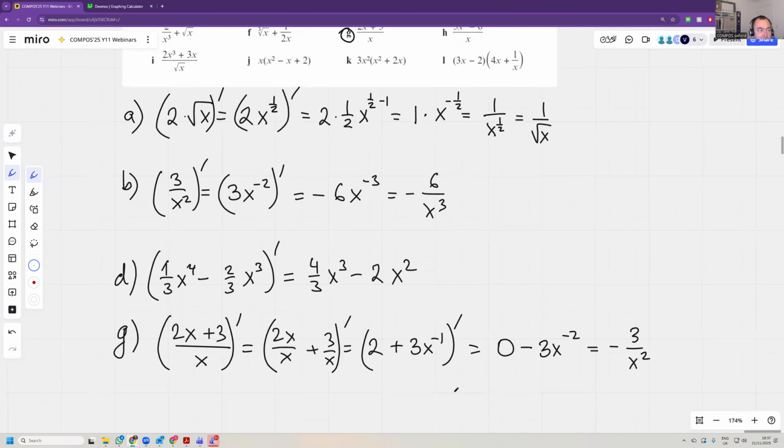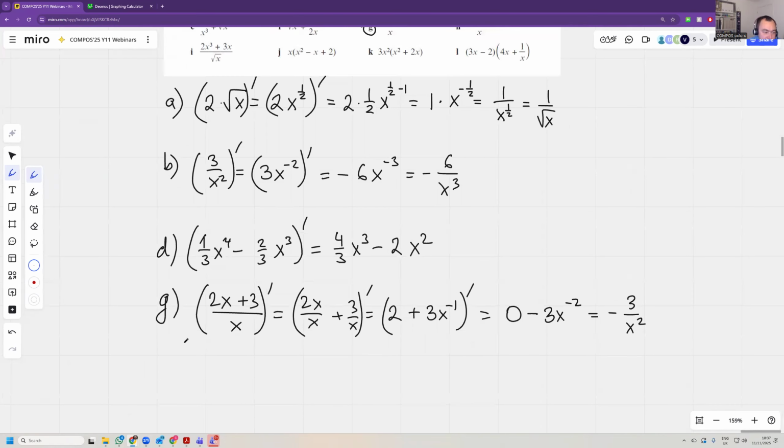I is quite an interesting one. It's a very important one, I. So 2x cubed plus 3x divided by square root of x. That's 2x cubed plus 3x divided by x^(1/2).